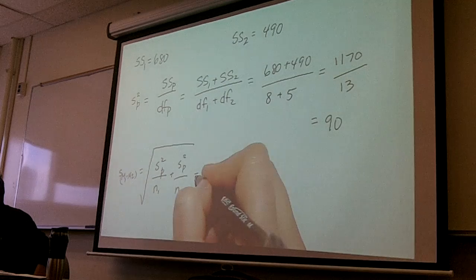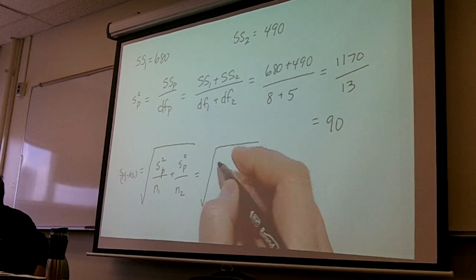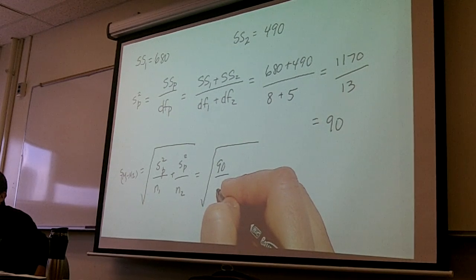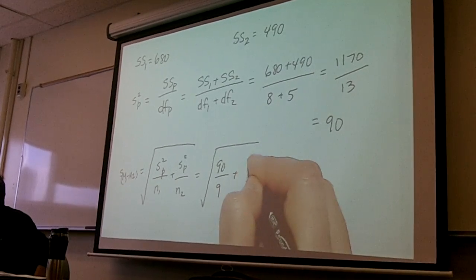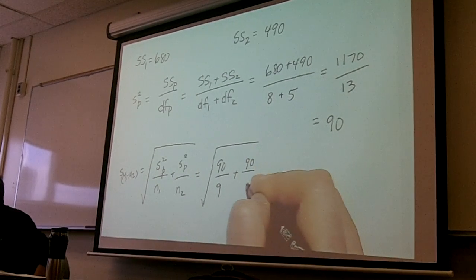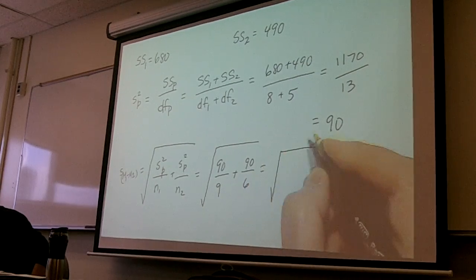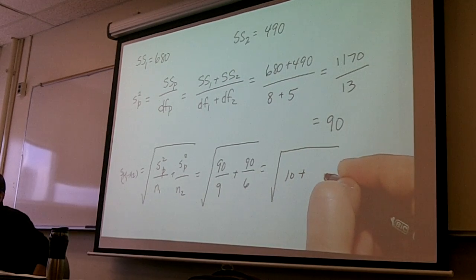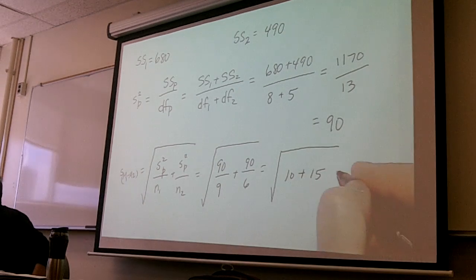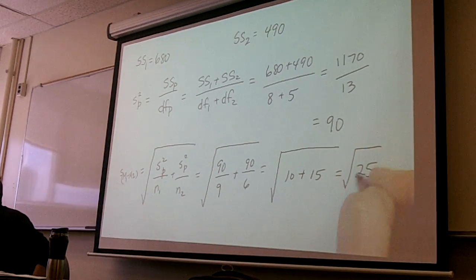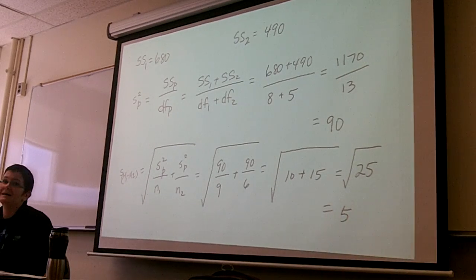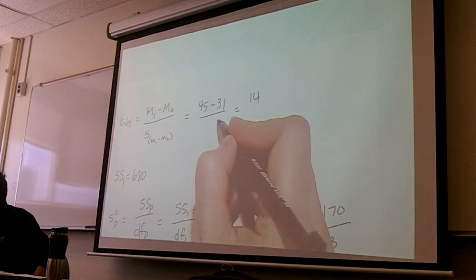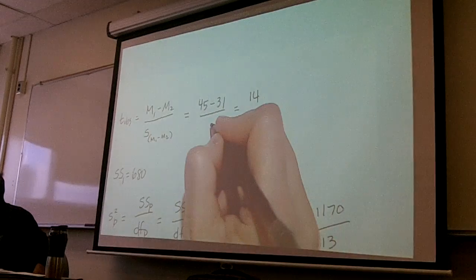Okay, so square root of 90 over, my sample size for females is 9, and my sample size for males is 6. The square root of, that's going to be 10 plus, what's 90 over 6? 15. Oh my gosh, it's crazy. Square root of 25. 5. Okay? So now I've got the value up here. This is going to be 5.